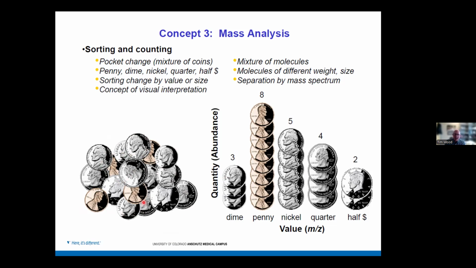And that's in essence what a mass spectrometer can do. It can take either whole molecules or fragments of molecules and separate them based on what's called their mass to charge ratio, or their size.